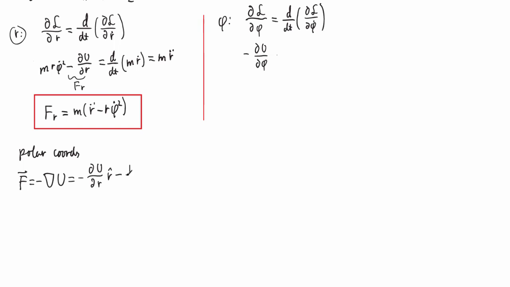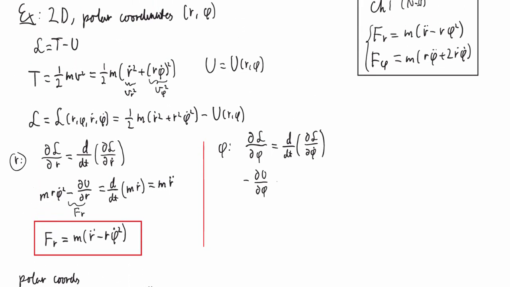And then we have to add in the phi term, which is 1 over r dU d phi phi hat. Then everything has the same unit. So we get then that F sub phi is minus 1 over r dU d phi, or that r times F sub phi equals minus dU d phi.